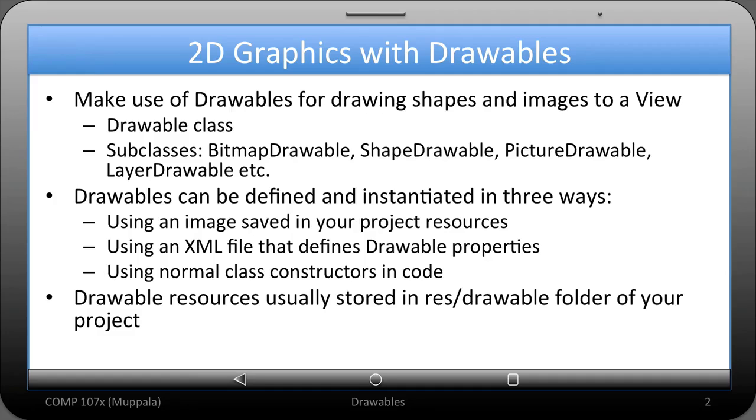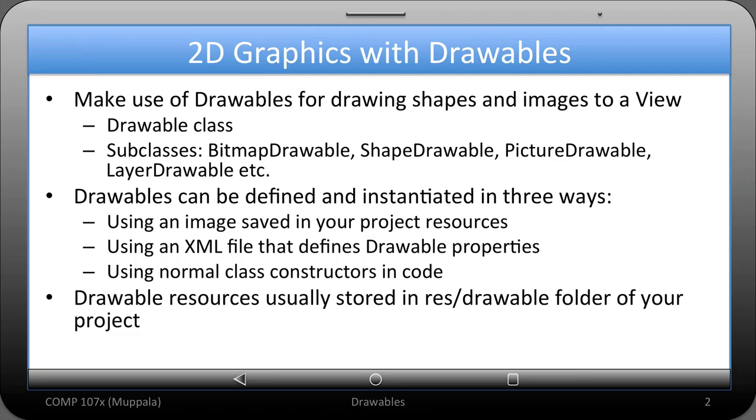Drawables in Android can be defined in 3 different ways. You can use an image that you store in the drawable folder as part of the view that you create on your user interface. You can also define drawables using XML code, as we saw with the example of the shape drawable.